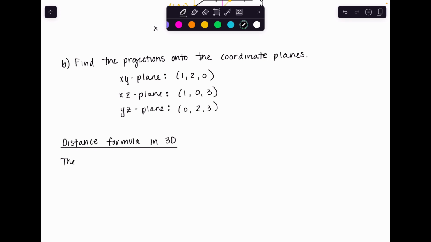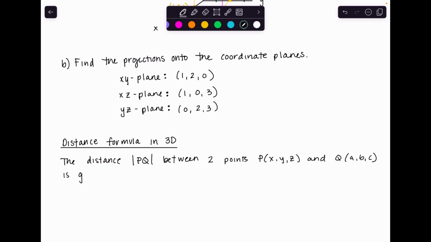So here, the distance between the points P and Q, the way we represent distance is the magnitude. So again, I'm going to use those absolute values to represent the magnitude of this distance. So this distance between 2 points, P, which we'll say has coordinates x, y, z, and the point Q, which we'll say has coordinates a, b, c, is given by the following.